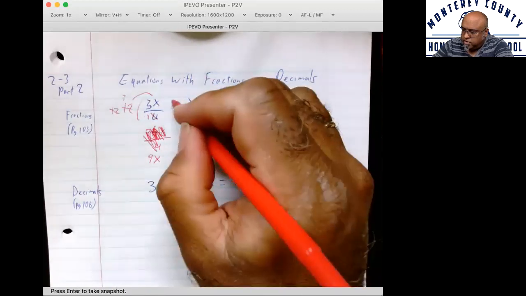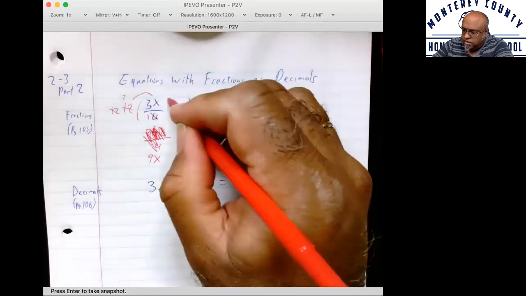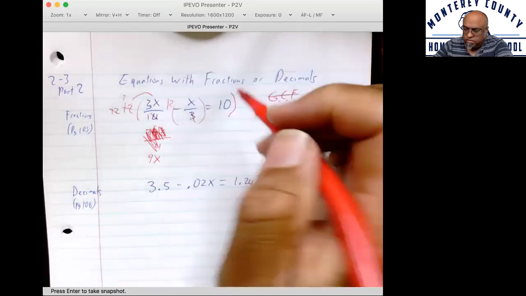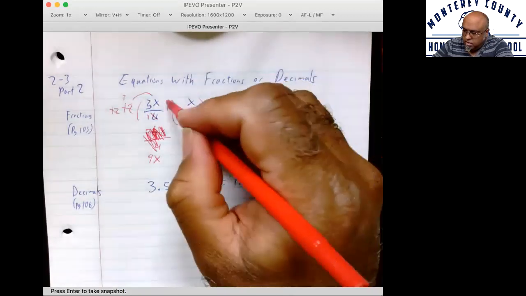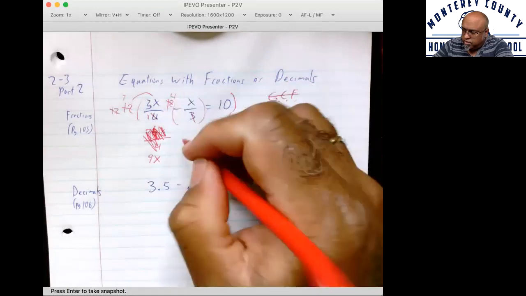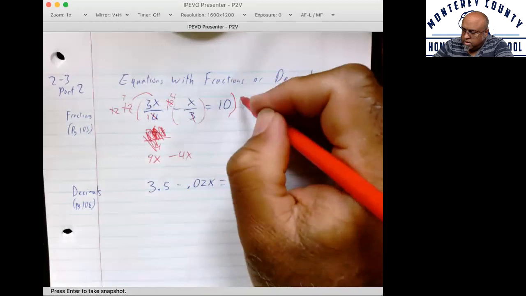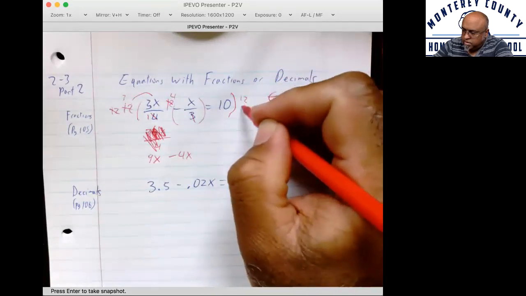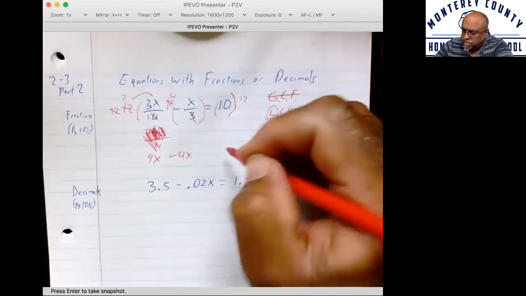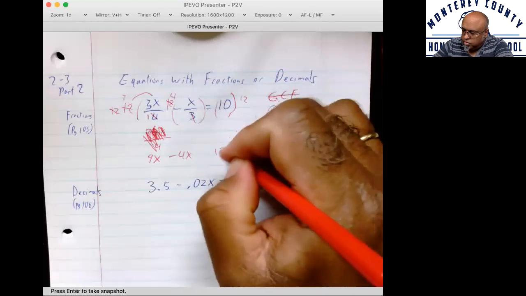It's probably easier if I just write it like this. 12 times each part, okay? So then that would be 4, so I would have minus 4x. And then here, 12 times 10 is equal to 120.